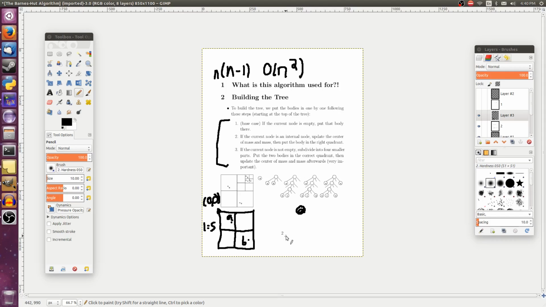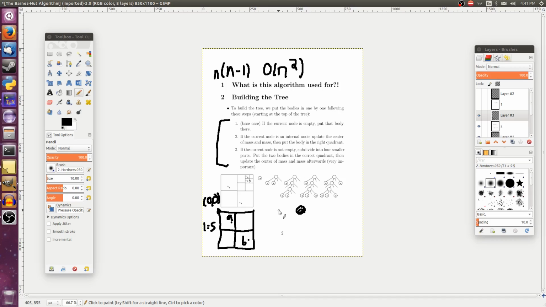So it's going to contain the nodes of its 4 children. So if at any point in the algorithm you're at an internal node, then you need to update the center of mass and the mass of the internal node, and then just put the body in the right quadrant.